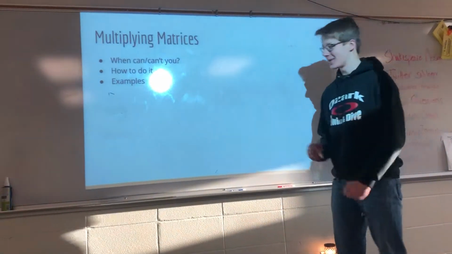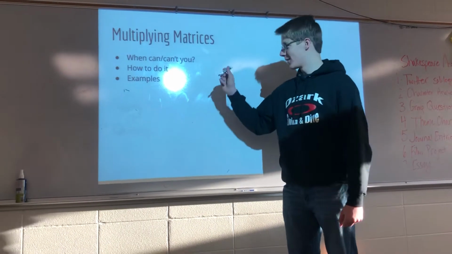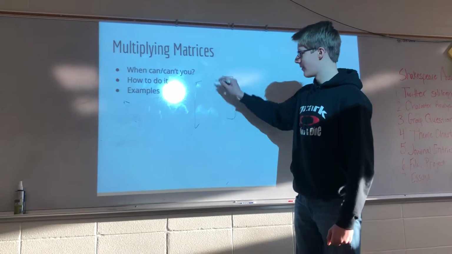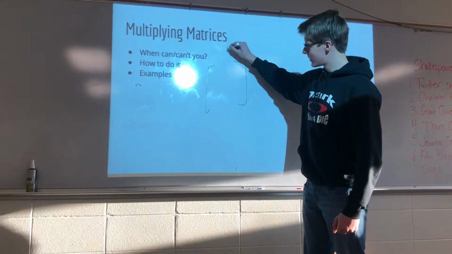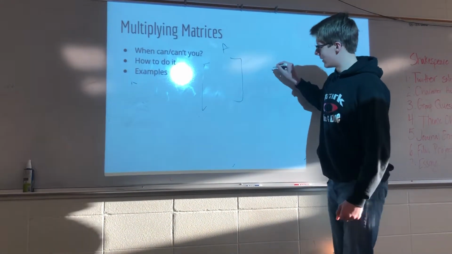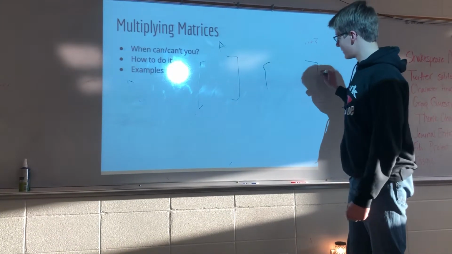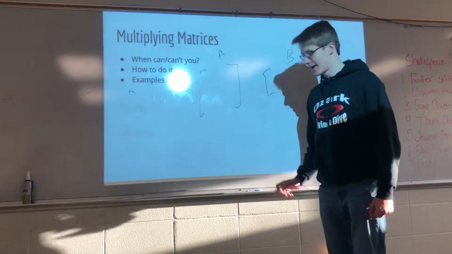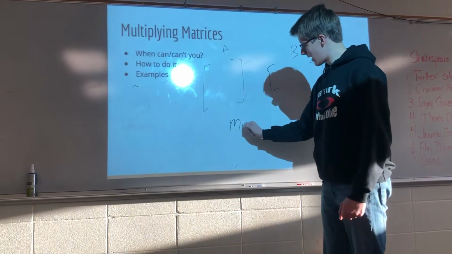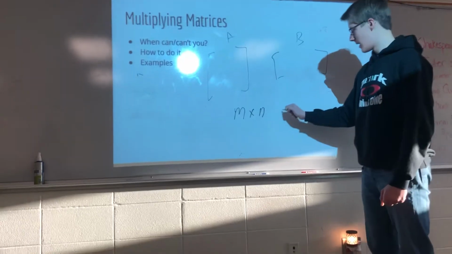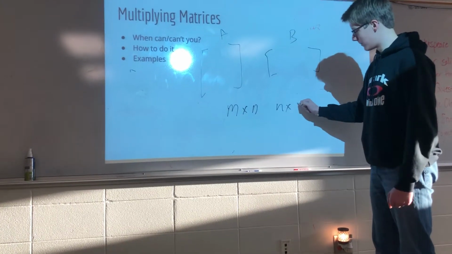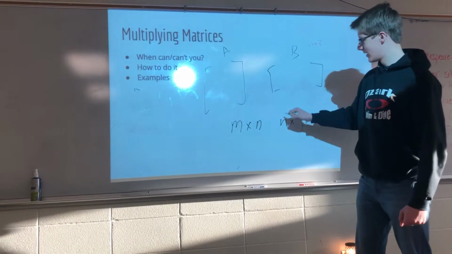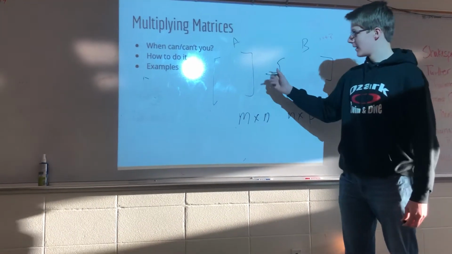So multiplying matrices, you can only do it when the number of columns in the first matrix and the number of rows in the second matrix are the same, which is m times n and n times p. That's the columns and that's the rows.